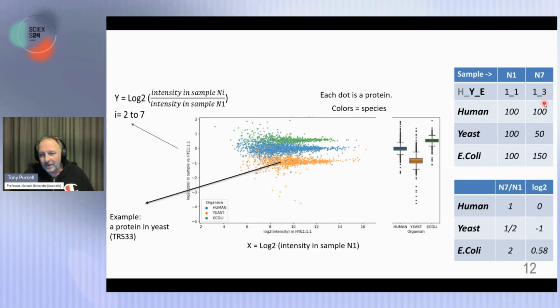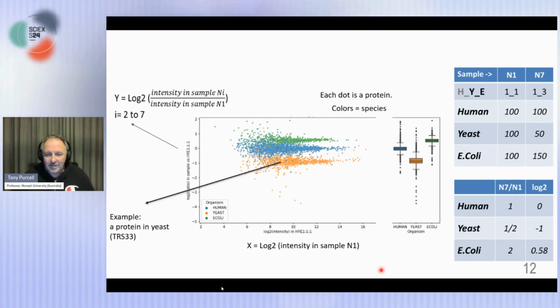So we have 100 to 50 to 150 of the 3 different species tryptic digests. And when we log transform the average intensity, what we anticipate is that humans should be the same as M1, 100 in both. So we'd anticipate a log2 value of 0, and indeed we see that here quite nicely.